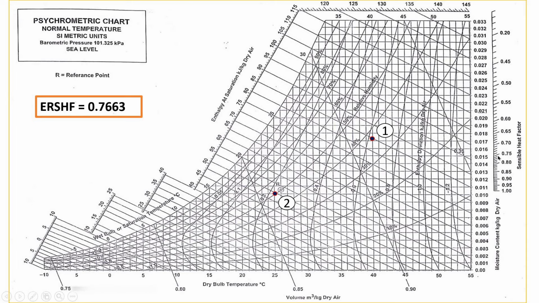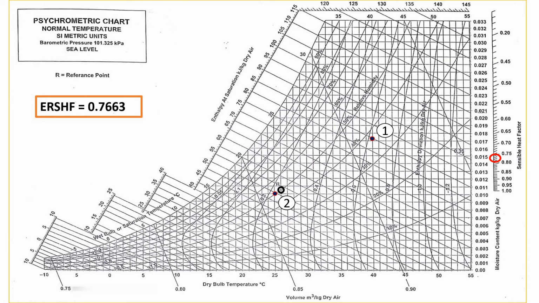Here it is 0.75, so just below that we can locate 0.7663, and here it is the alignment circle. The alignment circle is the point on psychrometry chart having value 26 dry bulb temperature and 50% relative humidity.